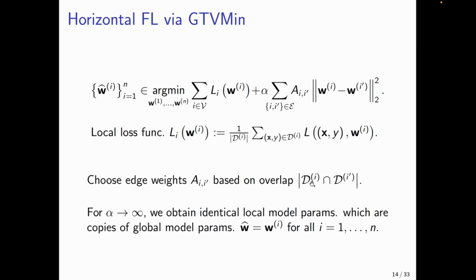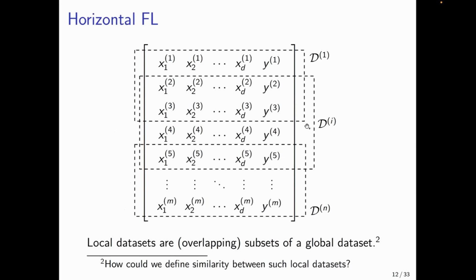Instead of just counting how many data points two local data sets have in common, you could also use more coarse statistics of the data sets. Like you could say, if this data set has 60% female patients, and another data set also has this split of 60% female patients, then you consider them similar.